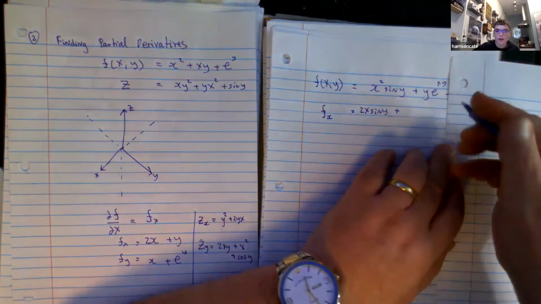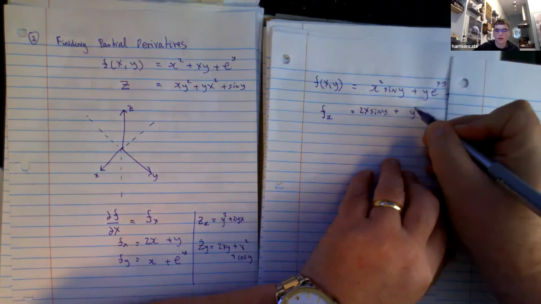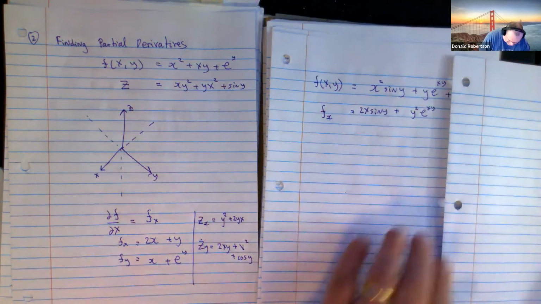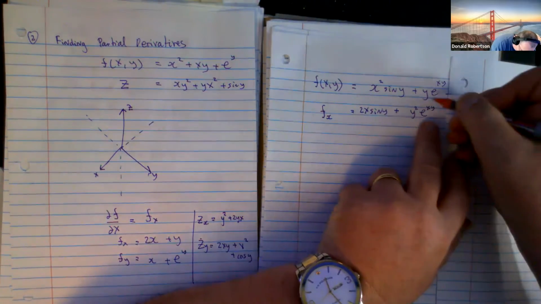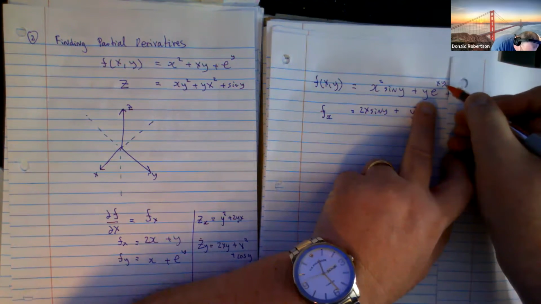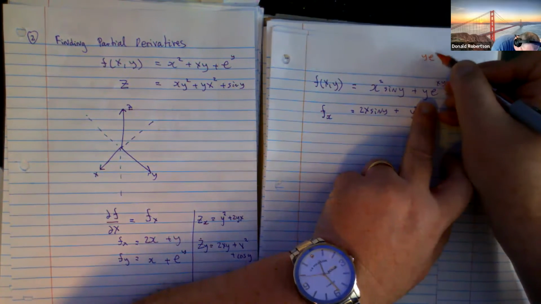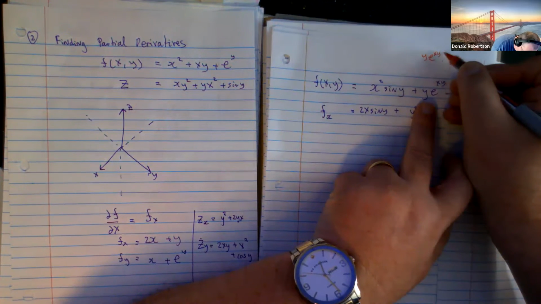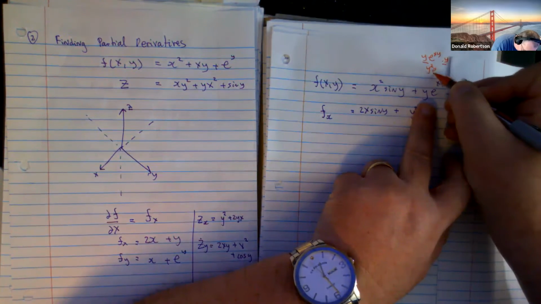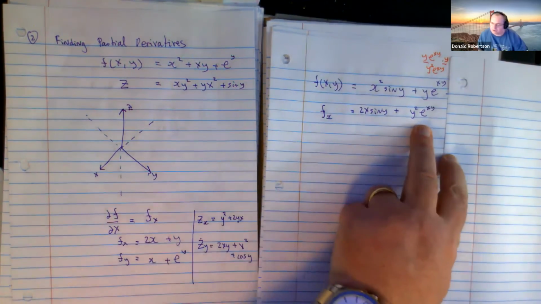Would it be y squared e to the xy? It would indeed. And I'll write it up here in red, the kind of middle stage that would go in your head, right? ye to the xy. You'd get ye to the xy times the derivative of xy with respect to x gets you y, and those two guys get you the y squared. You all happy with why that is what it is?